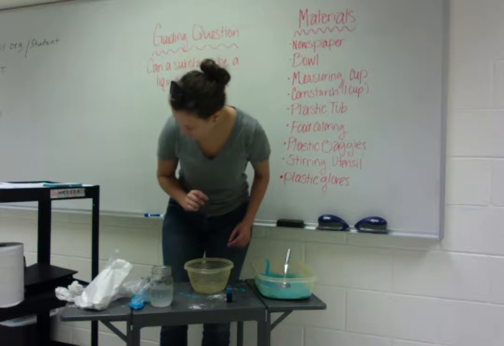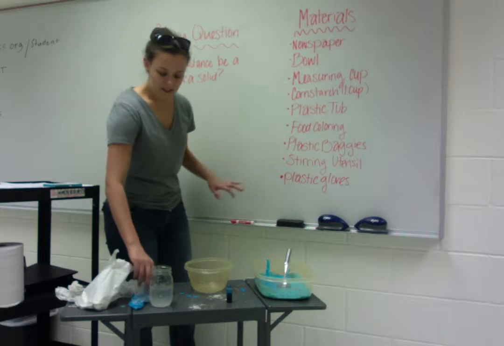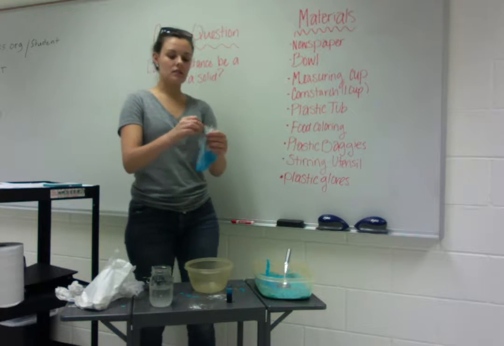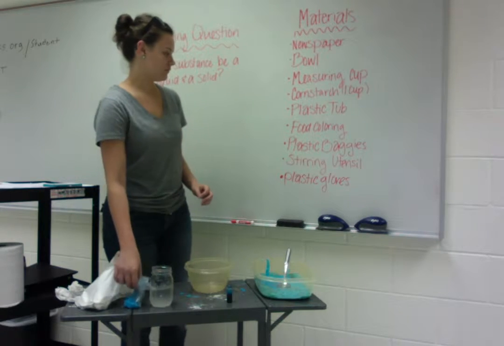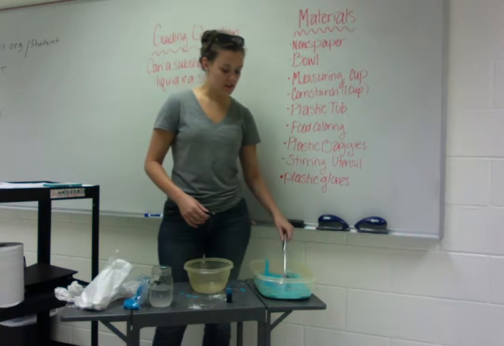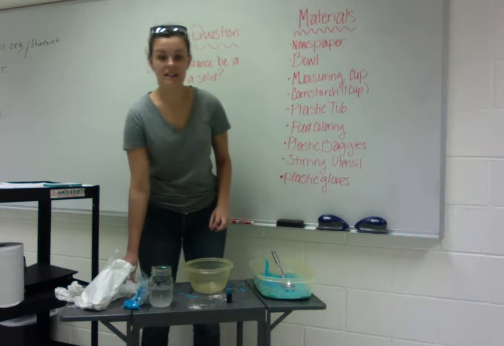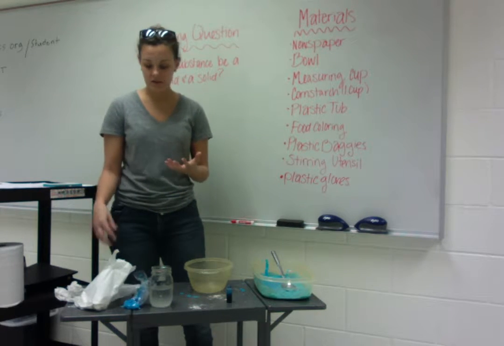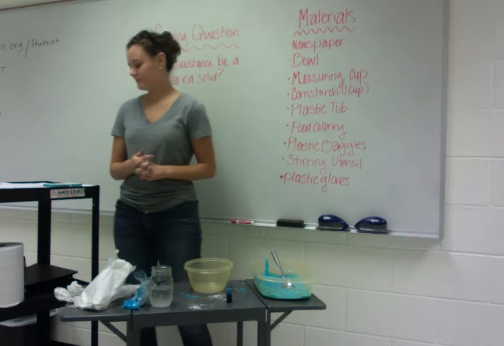There's blue, green, yellow, and red. Plastic baggies, because at the end of this lesson, you're going to get to take some of your own home. A stirring utensil, and plastic gloves, because if you don't, your hands will turn blue, or could turn blue.